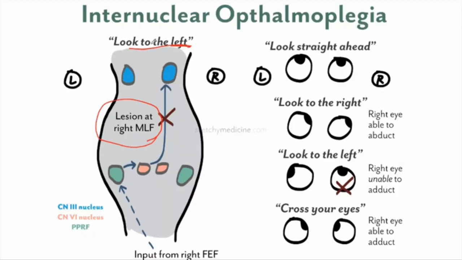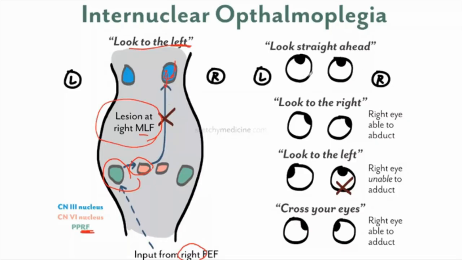The input comes from the contralateral, or right, frontal eye field, which crosses to the other side to supply the left parapontine reticular formation. Then it will supply the left abducent nucleus. Then it will send impulses to pass on the other side through the contralateral medial longitudinal fasciculus in order to supply the right oculomotor nucleus.